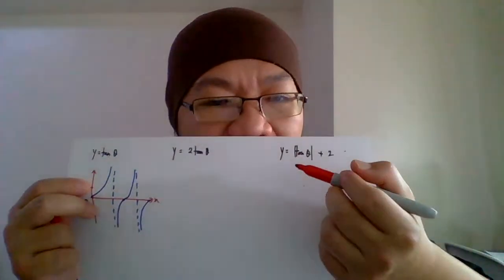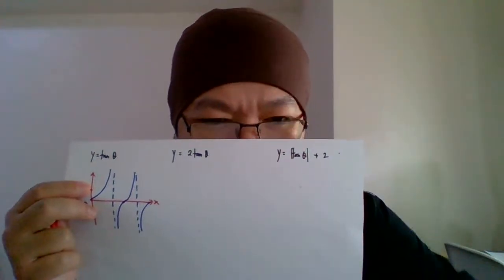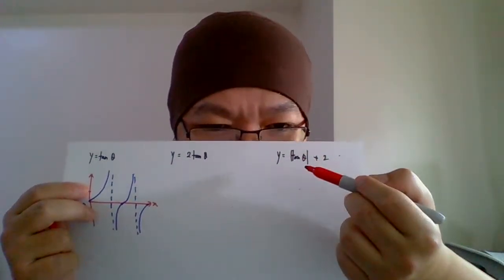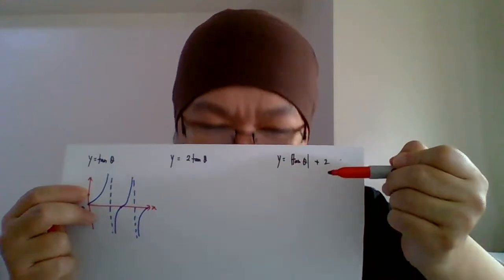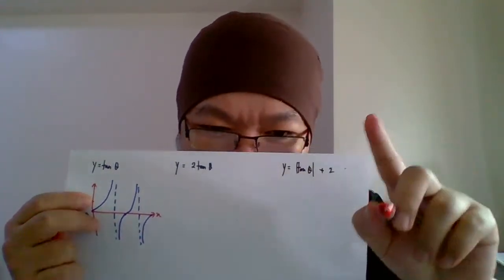Alright. So how about number 3? Number 3, tangent theta modulus plus 2. This one is very important. Okay, the plus 2 here is very important. Okay, I'll show you in a while. First, as usual, we draw the standard tangent theta.